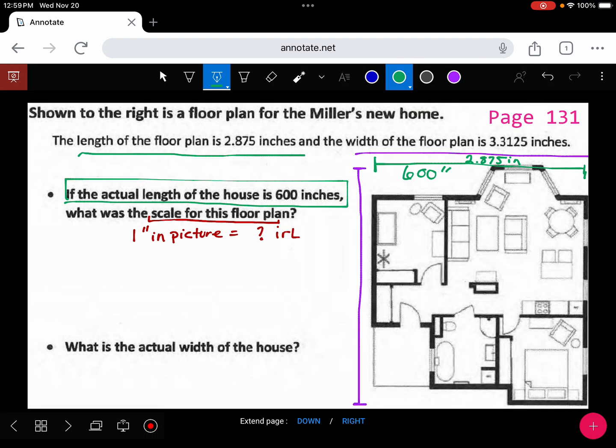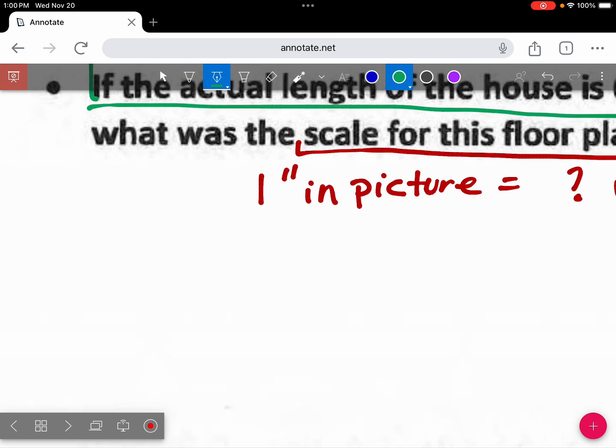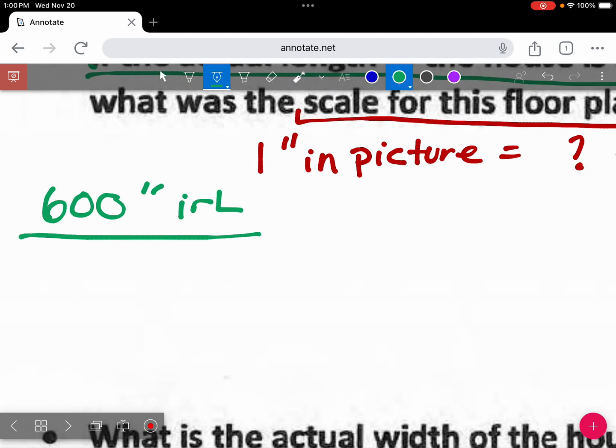So if I want to find out how much in real life per drawing inch, set it up as a ratio. I know that we're 600 inches in real life. That's what the IRL is. And it's per 2.875 inches of drawing, right? See that relationship?